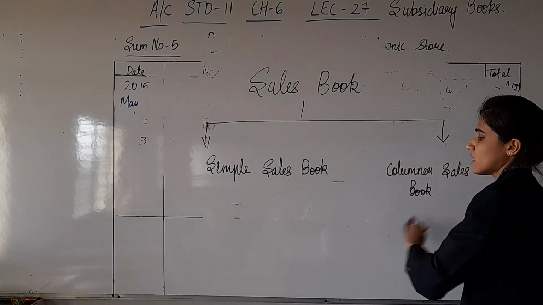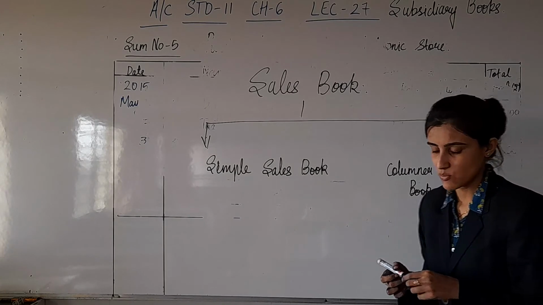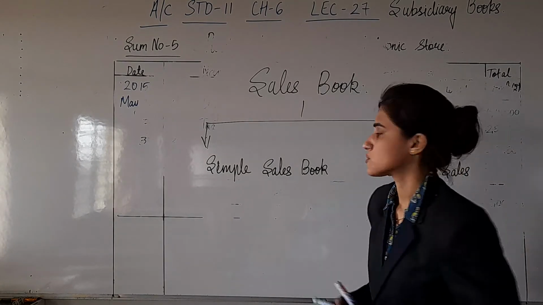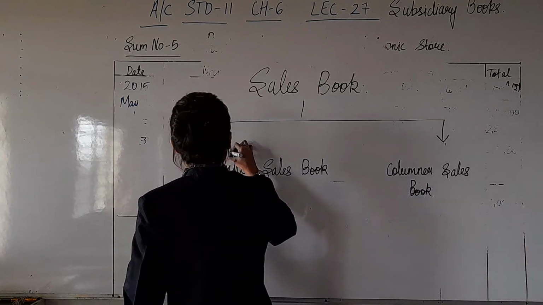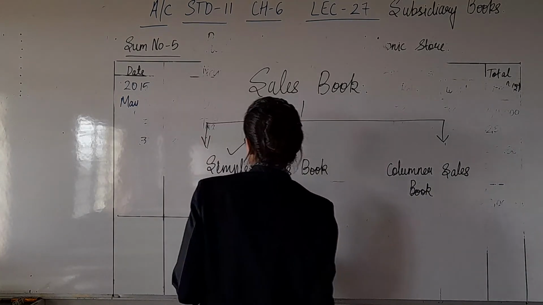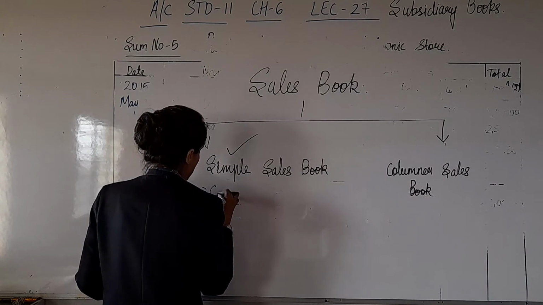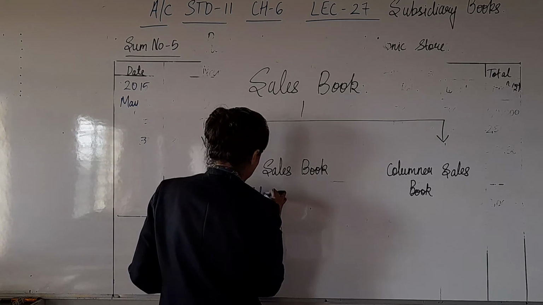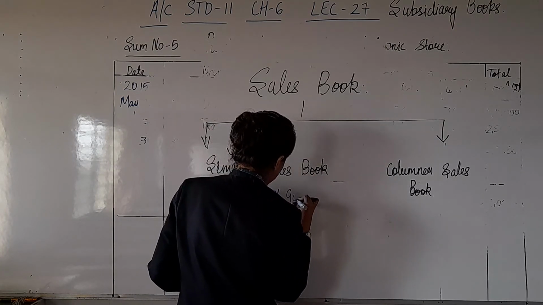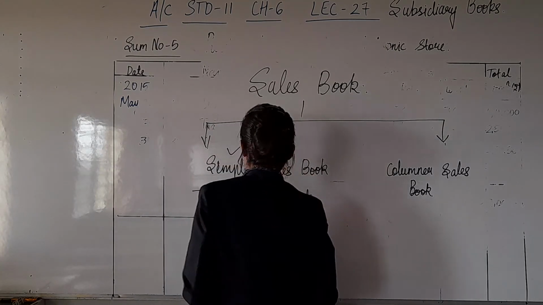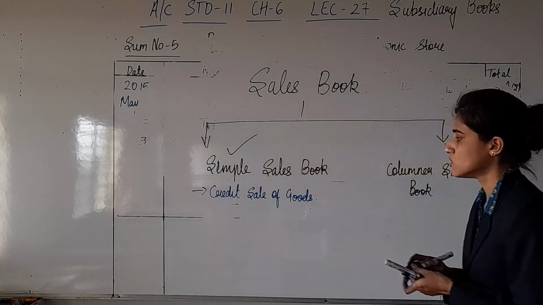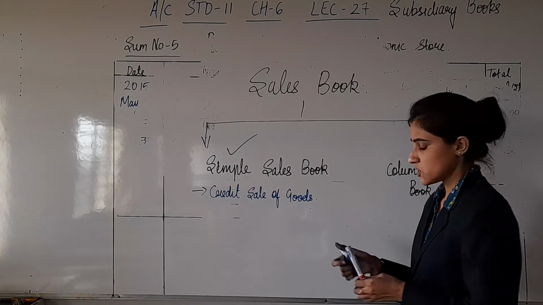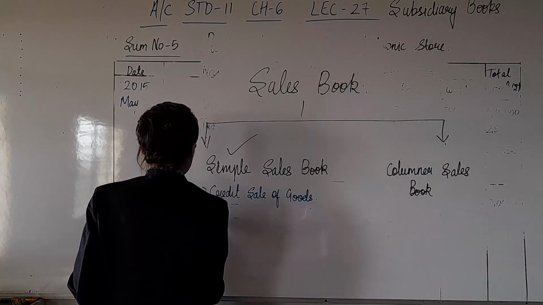Again in columnar you are having the two types the way you had in purchase book, but right now we are dealing with simple sales book. What you are going to record? Credit sale of goods. Partial cash, partial credit will be treated as the credit transaction itself.